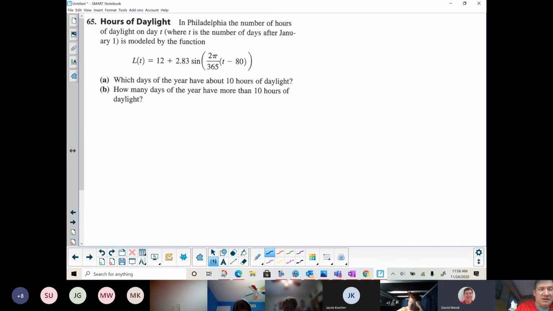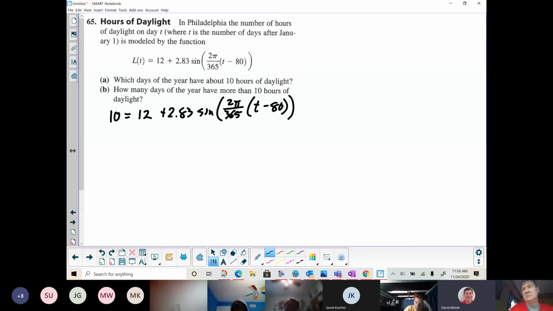So 10 is the number of daylight hours. We're going to take the equation and set it equal to 10.